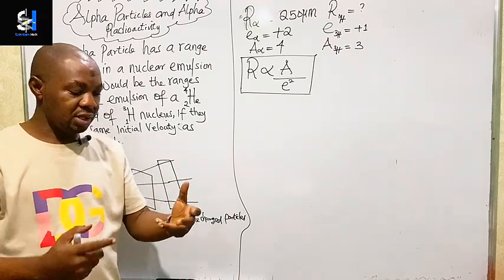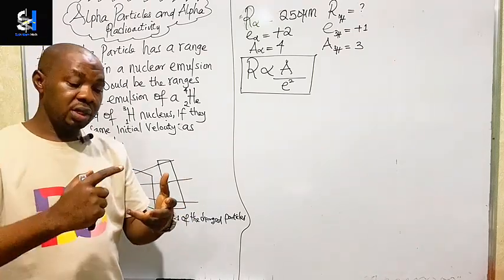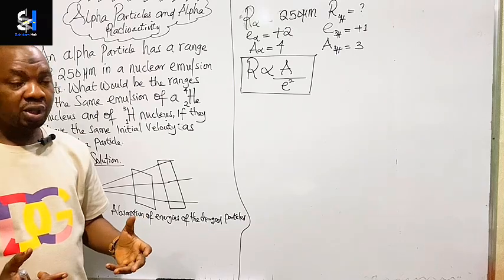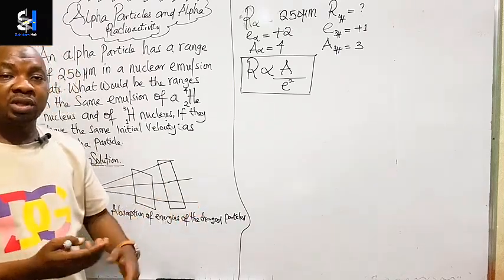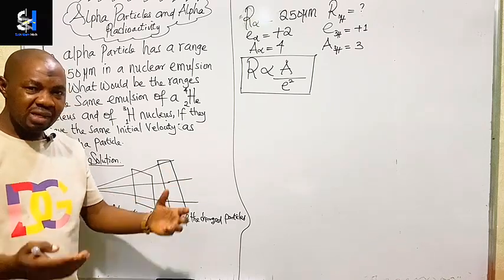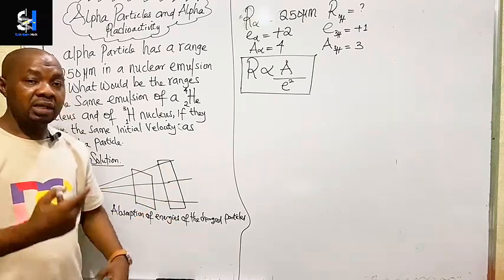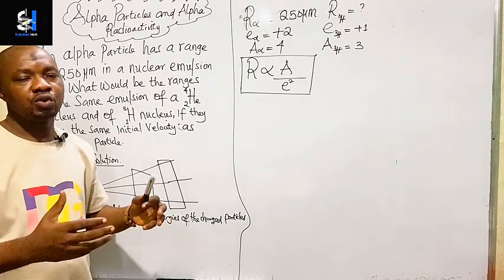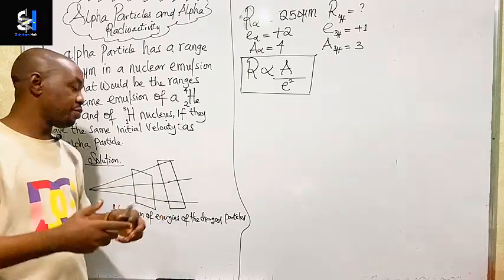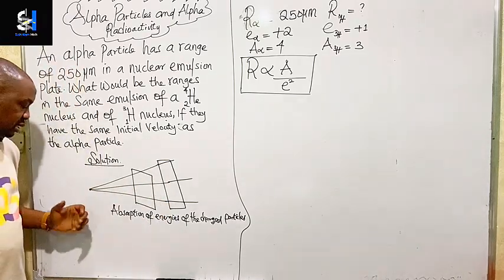During radioactive decay we have alpha and beta particles, and when they interact with matter, that results in what we call energy loss.